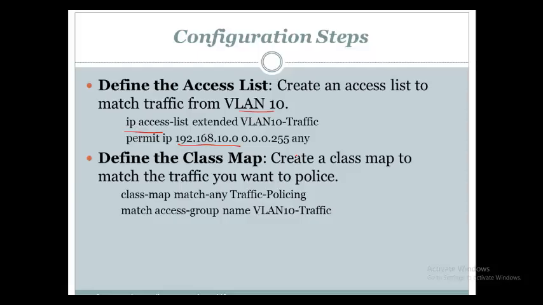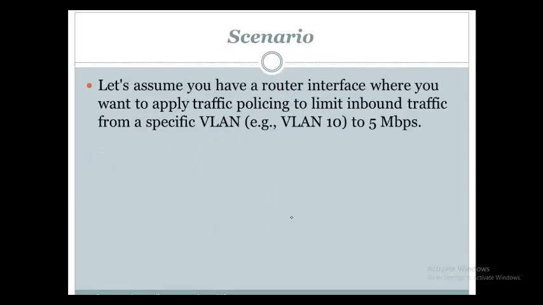For that, I first say which traffic. I call the access list under the class map using this command. I'm calling this here. So I have now said which traffic.